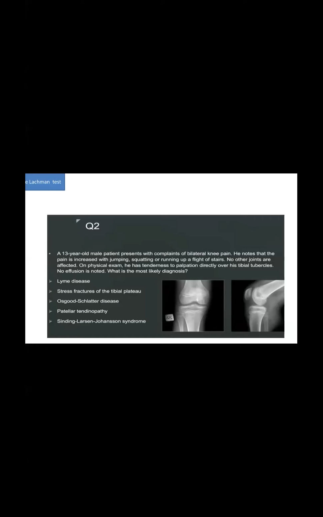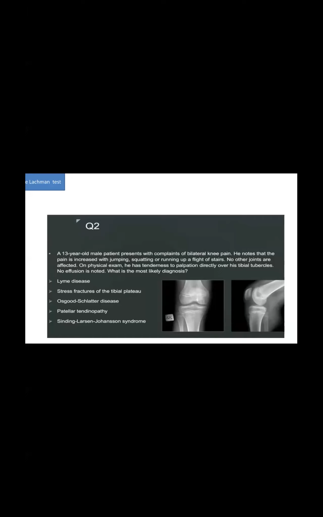Lyme's disease, stress fracture of tibial plateau, Osgood-Schlatter disease, and patellar tendinopathy. And the last one is Sinding-Larsen-Johansson syndrome.